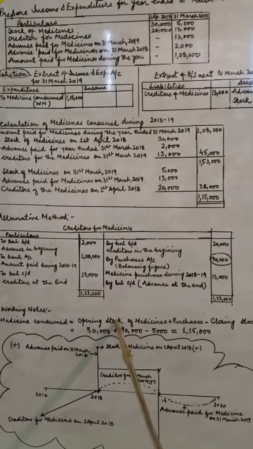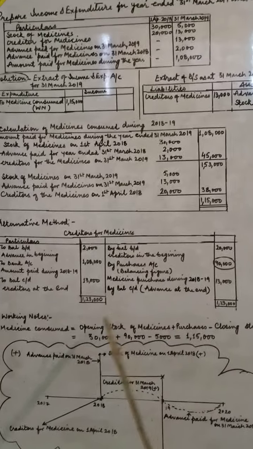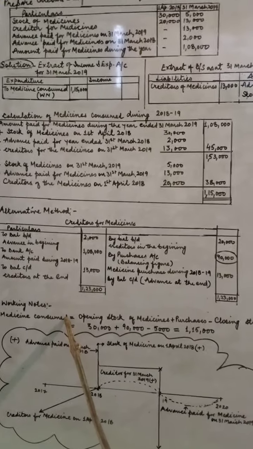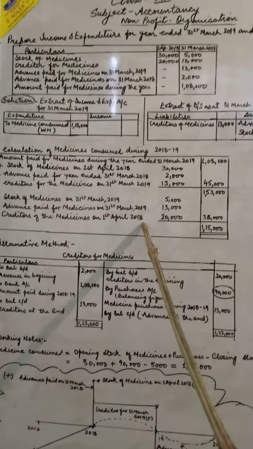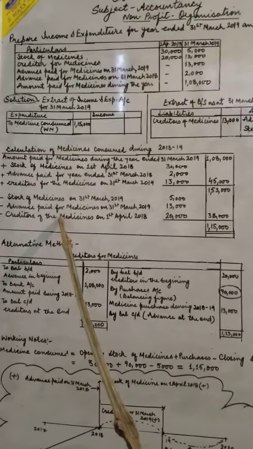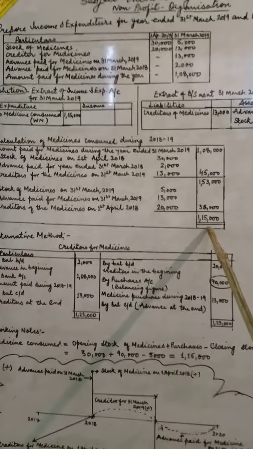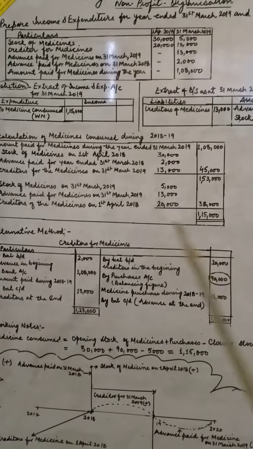After that you can get the balancing figure of purchases, and with the help of that you can also calculate the total medicine consumed. So first of all, I want to take you to how to make the working note. With the help of the working note you can also calculate the amount. So we are going to make it.